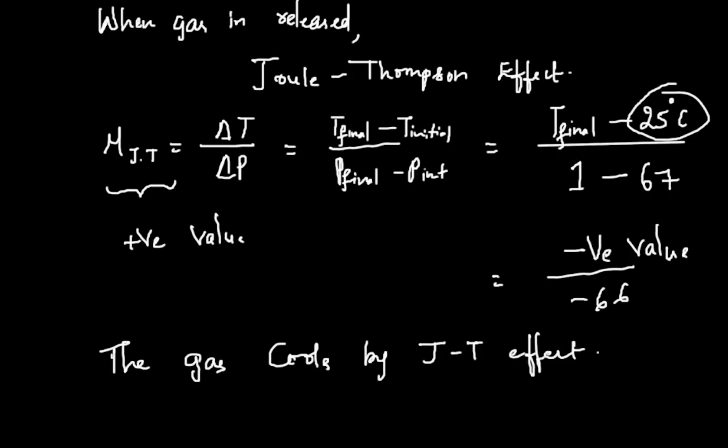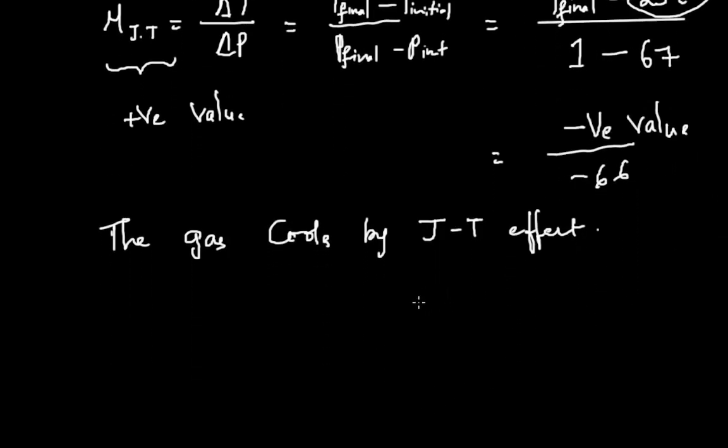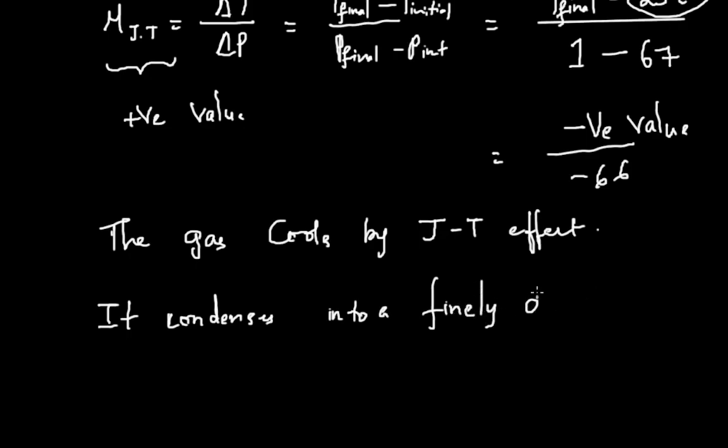And pressure is already reduced. So what happens is it condenses into a finely divided, snow-like solid, and this covers the fire and does not allow the fire to get exposed to oxygen, which is necessary.